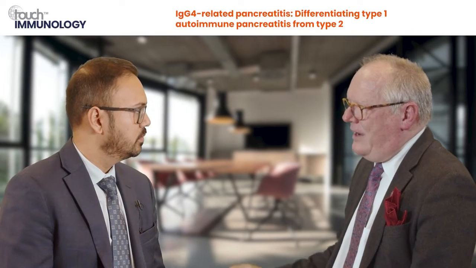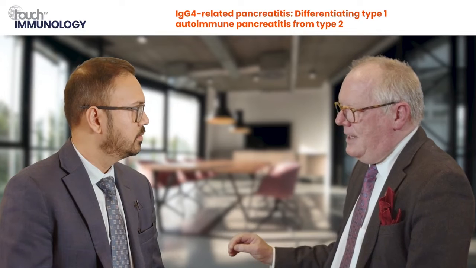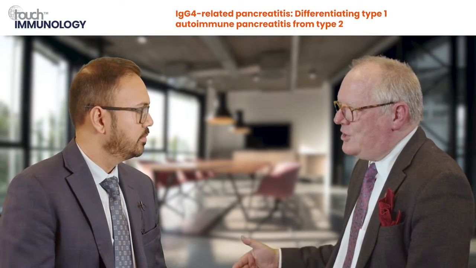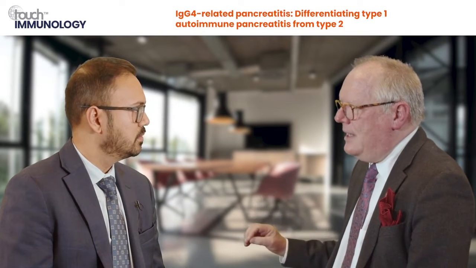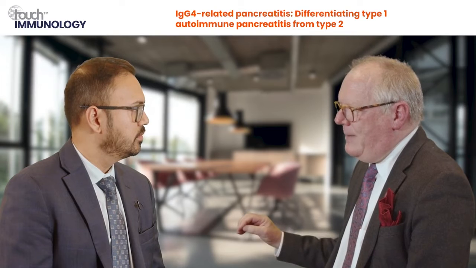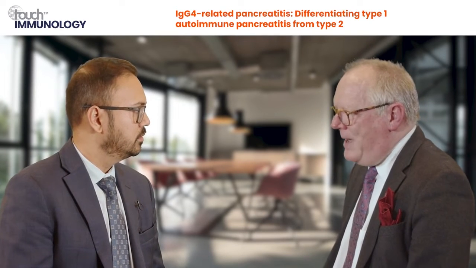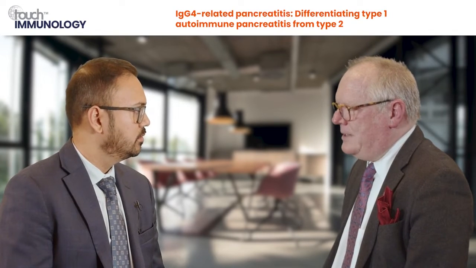But then also there are very pathognomonic, I should say, lesions in the kidneys. That is not to say that the patients have some kind of renal insufficiency, but the lesions in the kidneys are pathognomonic, and together with the swelling of the pancreatic gland and maybe some affection of the bile ducts make the diagnosis of autoimmune pancreatitis type 1.